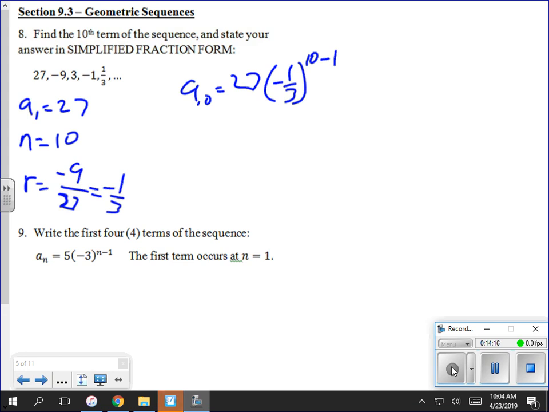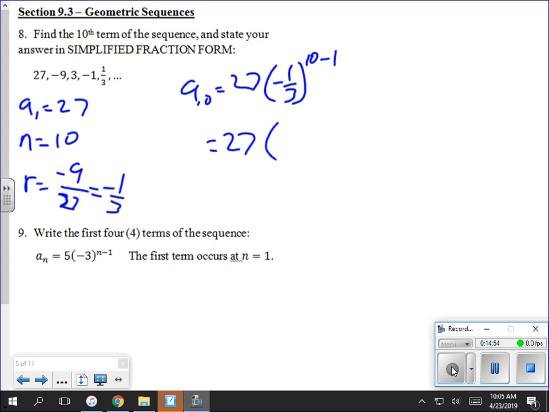Now, I had a couple of kids that were having a hard time with this one the other day, getting it to come out as a fraction. Okay, so if you take 1/3 on your calculators, many of you, some of them will work, some of them won't, giving you the fraction. But remember, if I want to do 1/3 to the 9th power, I take 1 to the 9th power, and I get 1.